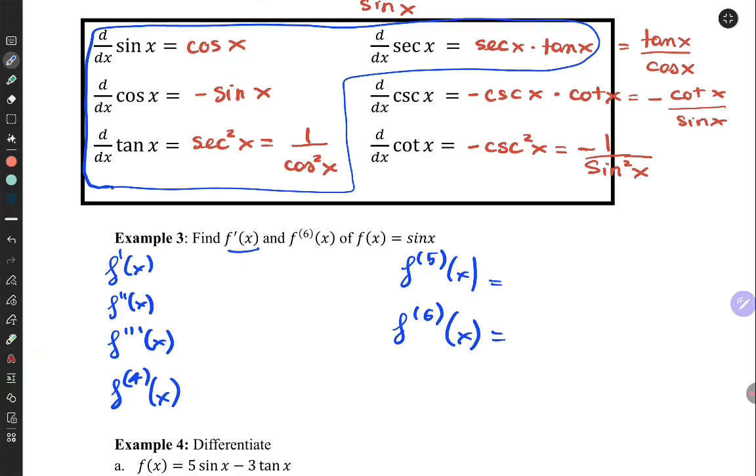Yeah, the formula. Right. Be sensitive with the sign.